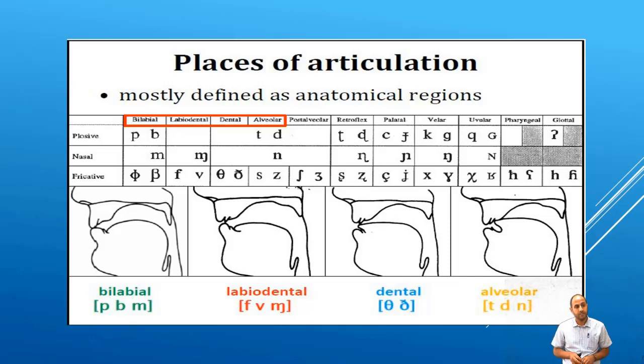Alveolars are produced with the involvement of the tip of the tongue coming into contact with the alveolar ridge, which is the first part of the palate, just behind the upper teeth.